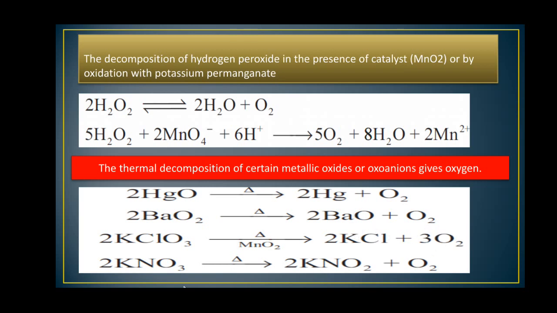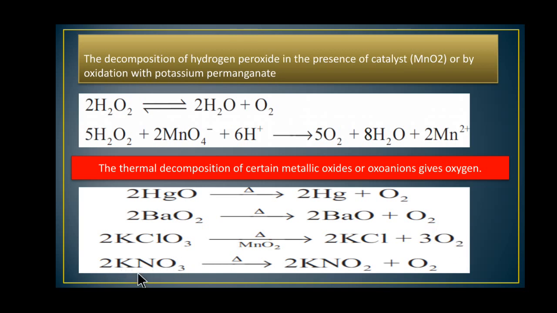And KClO3, what is KClO3? Potassium chlorate. Clear? Potassium chlorate heated with manganese dioxide gives KCl and O2.